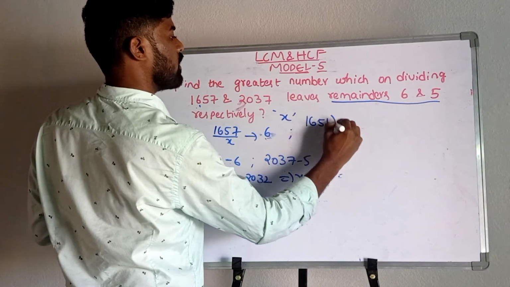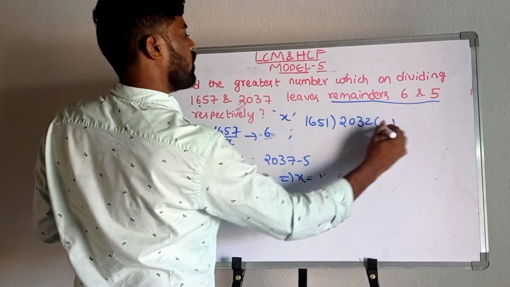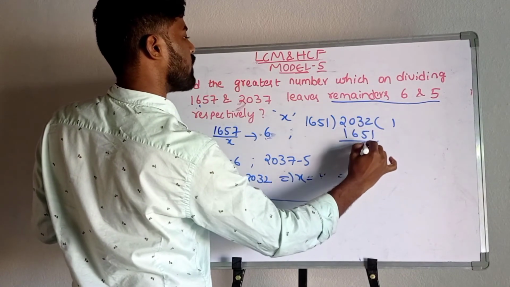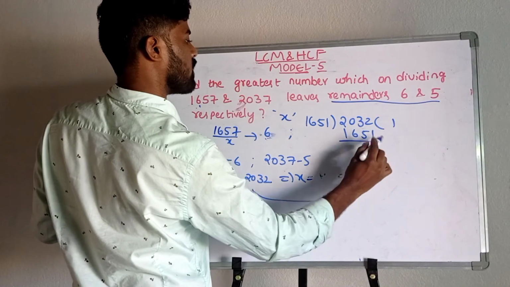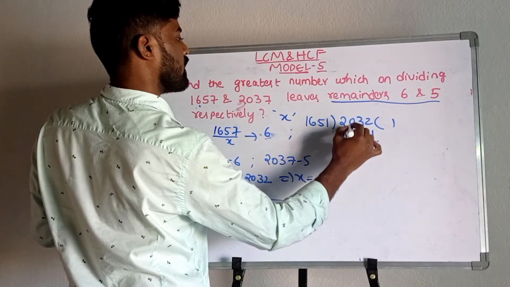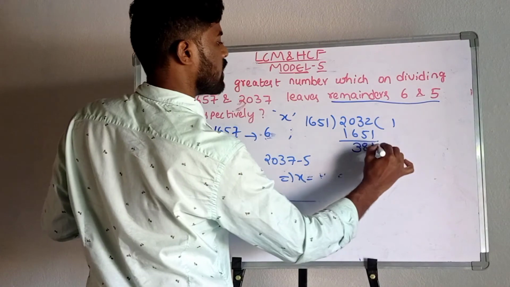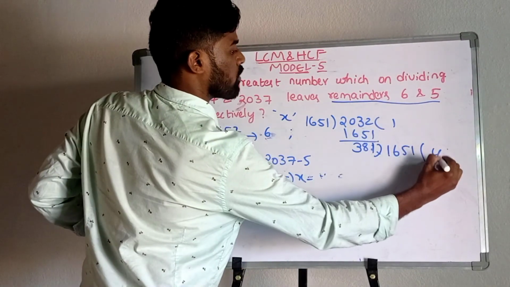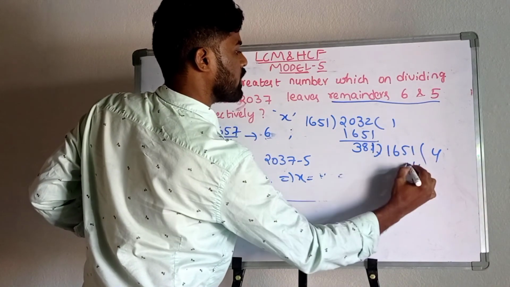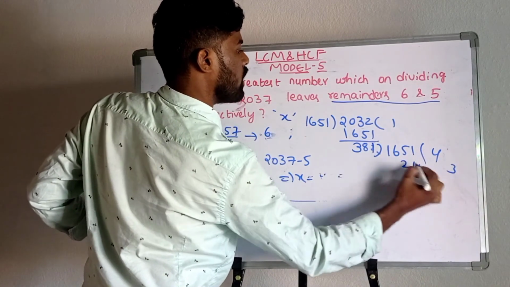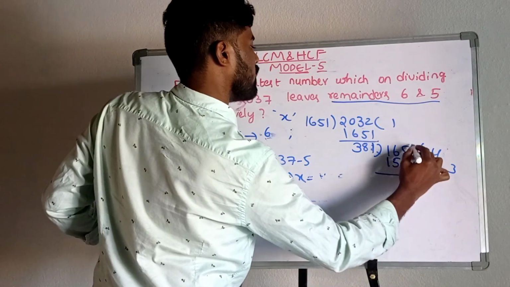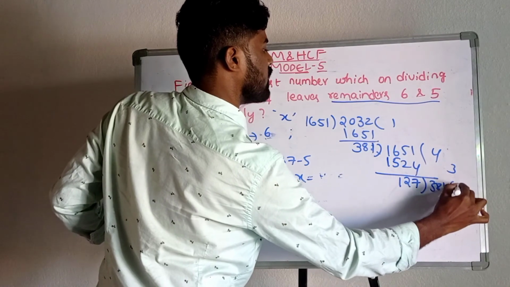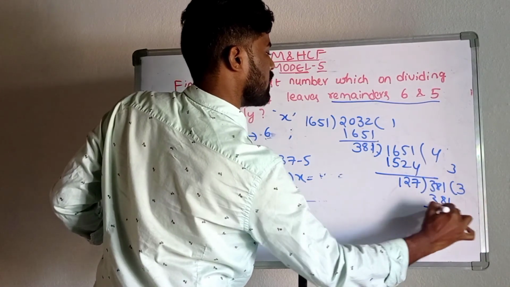Dividing 2032 by 1651 gives remainder 381. Then 1651 divided by 381: 381 into 4 is 1524, remainder 127. Then 381 divided by 127: it will become 3, and the remainder is 0.